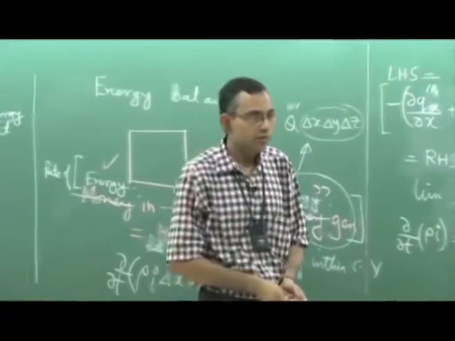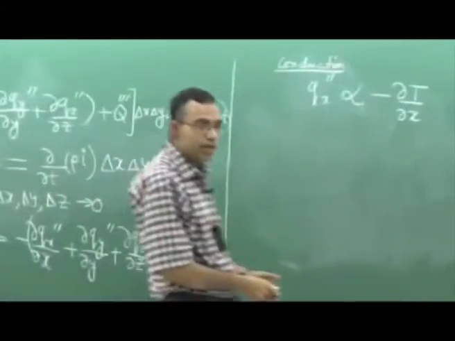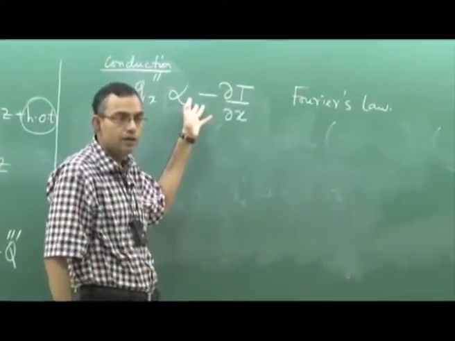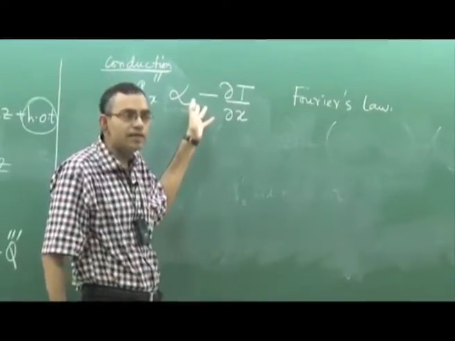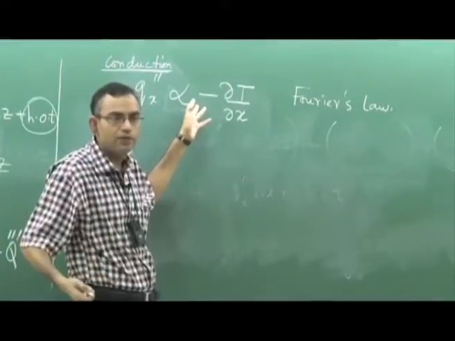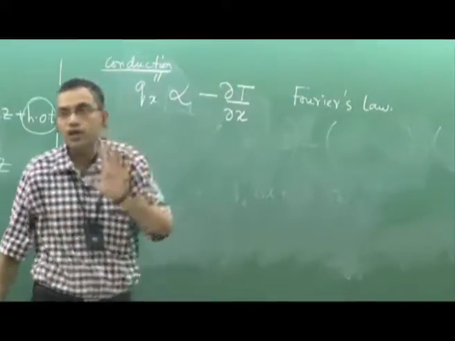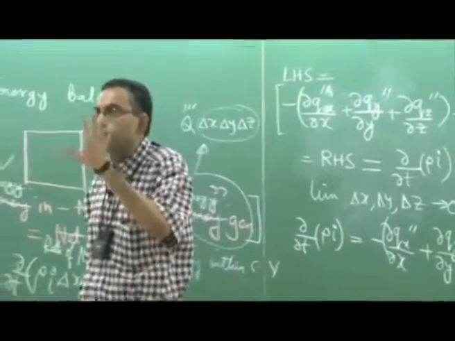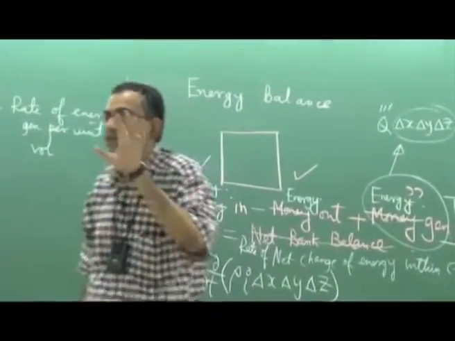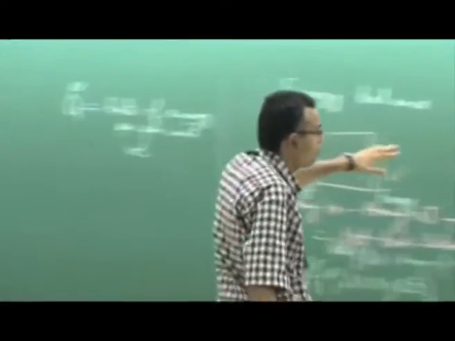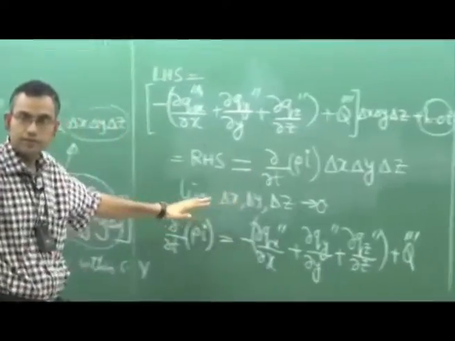Now there are many situations in engineering when the Fourier's law is applicable, but there are also quite a few situations when the Fourier's law is not applicable. So it is very important to discuss the various considerations based on which we can use the Fourier's law before simplifying the equation further.